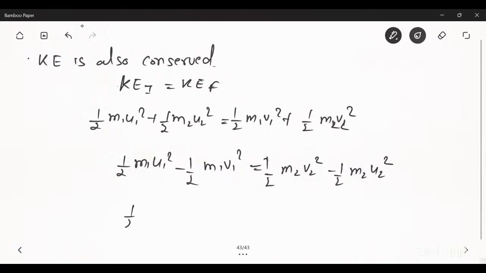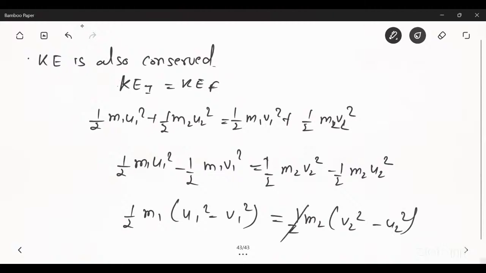Taking half m1 and half m2 common, we get m1 (u1 square minus v1 square) equals m2 (v2 square minus u2 square), and the halves cancel. That is equation second.